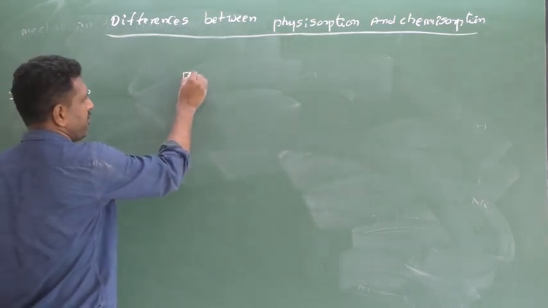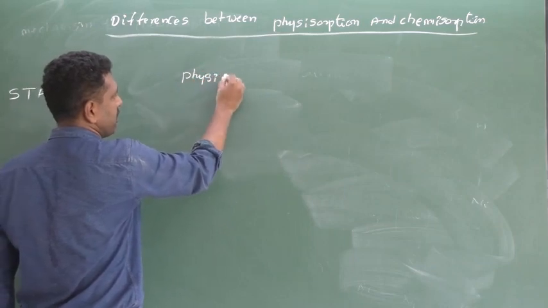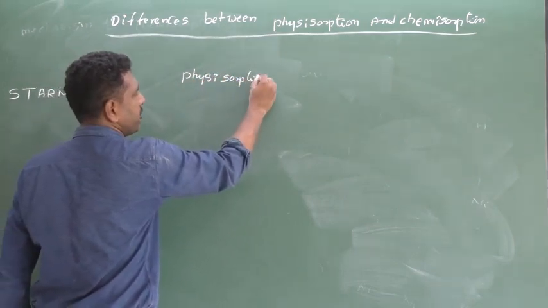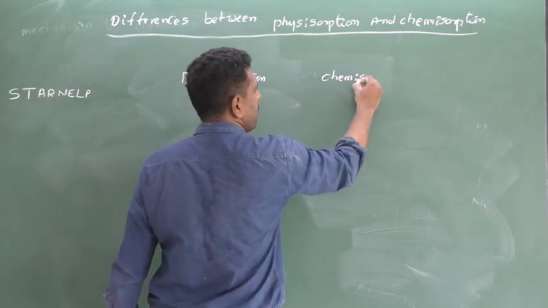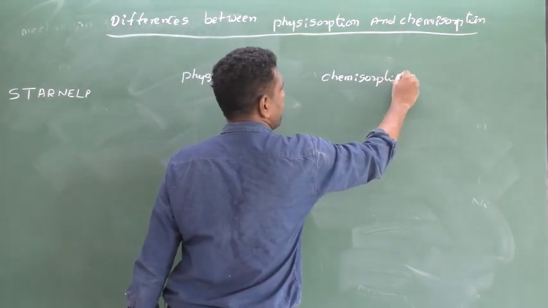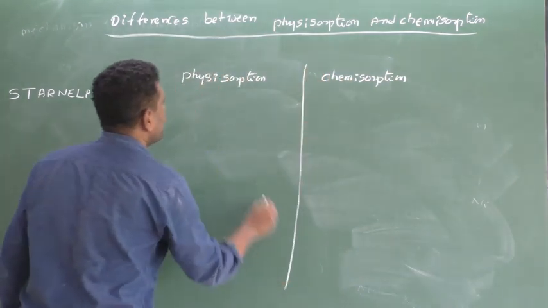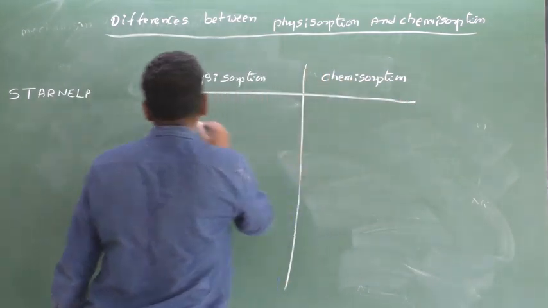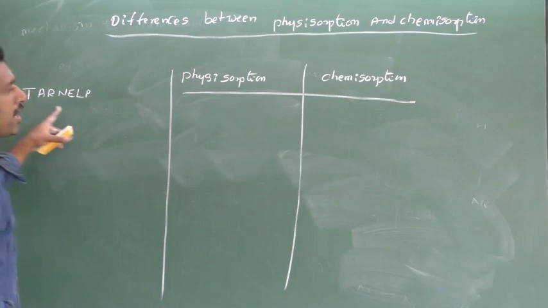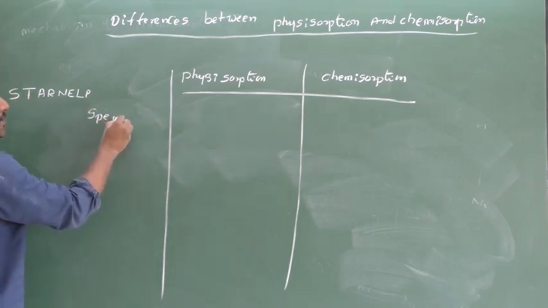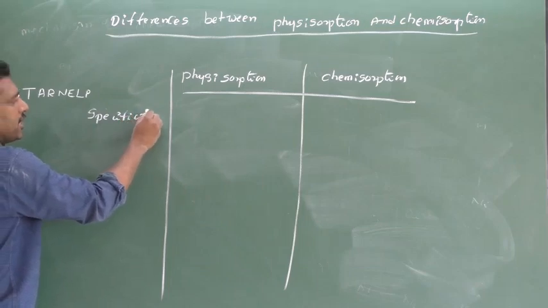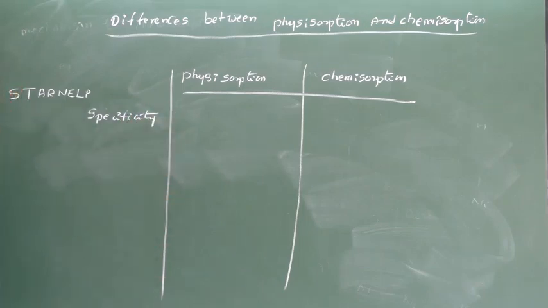Here, first, physisorption and chemisorption. The first property, S means specificity.